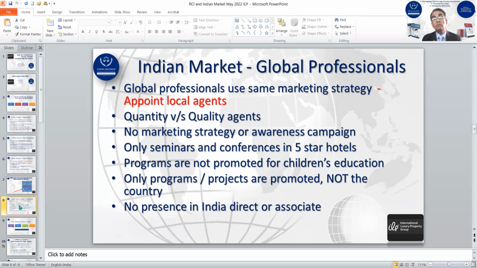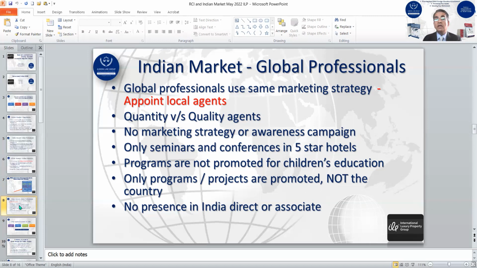When we promote the foreign programs, they are promoted for the obvious reasons. But very few programs, in their presentations, are promoted for the purpose of children's education, the quality of education in your countries, and how it will benefit their children, to get them interested in investing in your programs. European programs, Caribbean programs, they're all promoted as a second passport or a second residency.